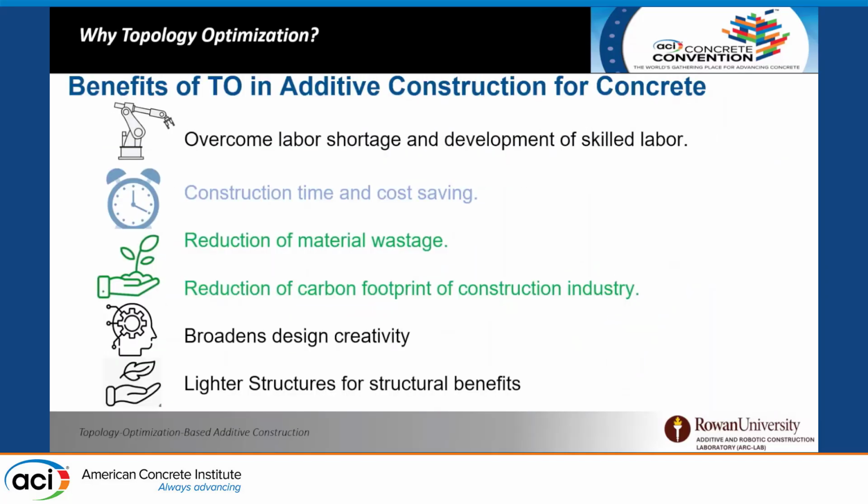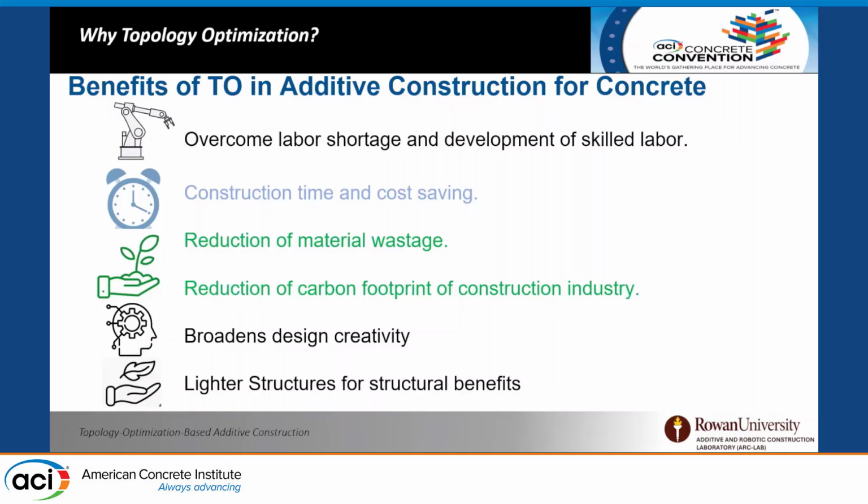So if you want to integrate topology optimization with additive manufacturing or additive construction, whichever word you prefer, you have the benefit of overcoming labor shortages because you can develop skilled labor in the area of the job site. There's also a reduction in construction time and cost savings because you are using less material. And obviously when you are using less material, there's also a decrease in the carbon emissions and there is less wastage.